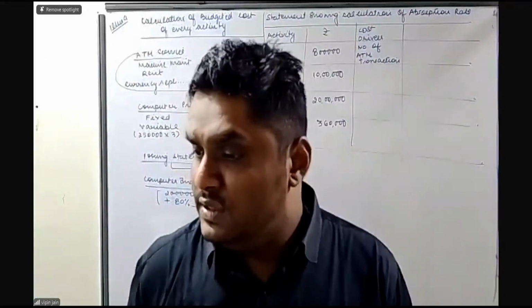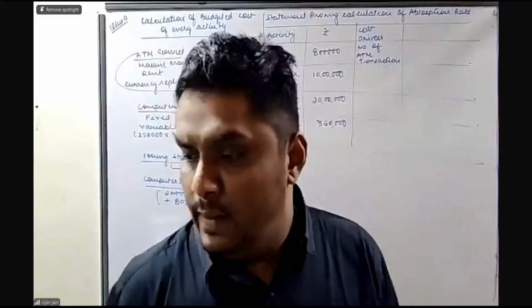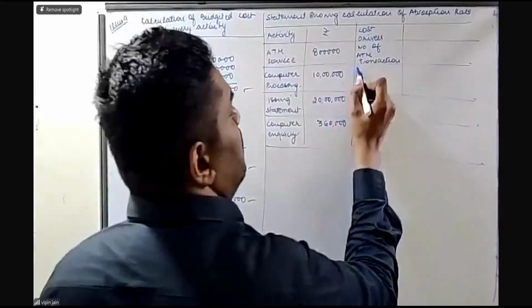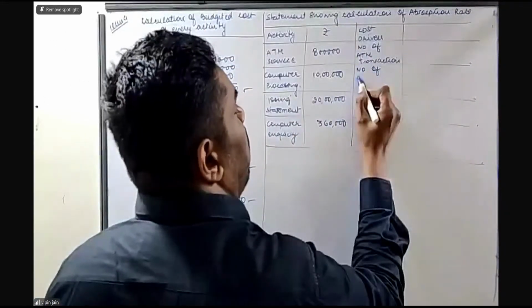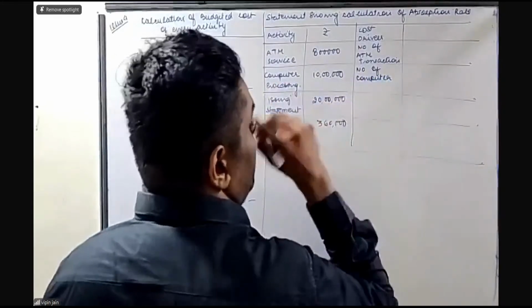For computer processing, the number of computer transactions. It is given in the question itself in the master table.